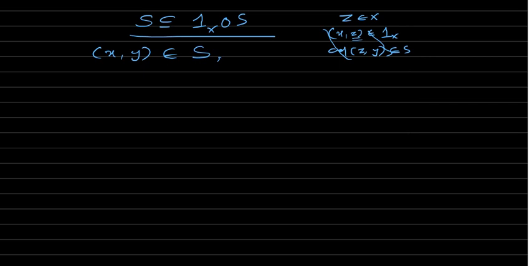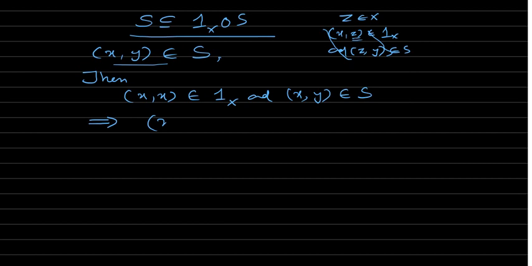So we choose z equal to x. Then xx belongs to Ix, because it is the diagonal relation, and xy belongs to S. This gives xy belongs to the composition.